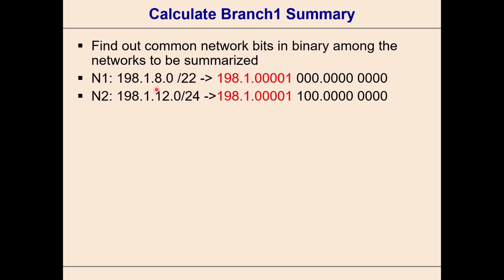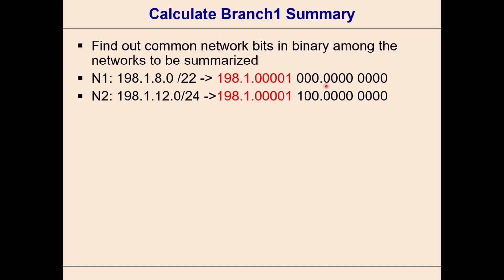And so the first 2 octets, 198.1, are the same between the 2 networks. The third octet is different, so we need to write the third octet into binary to compare bit by bit.